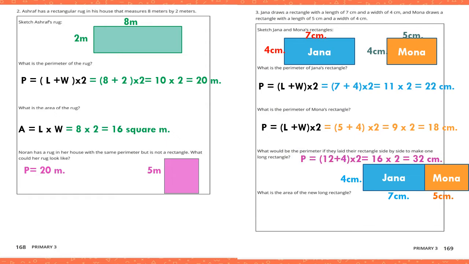It will be 12 plus 4 all times 2 equals 16 times 2 equals 32 centimeters. What is the area of the new long rectangle? We will multiply length times width. 4 times 12 equals 48 square centimeters.